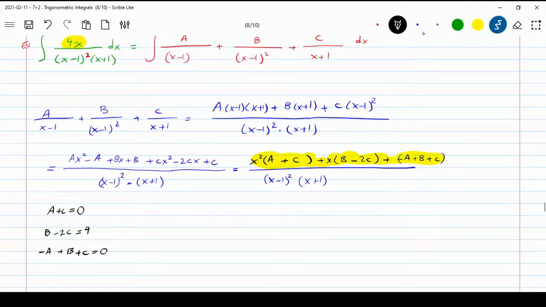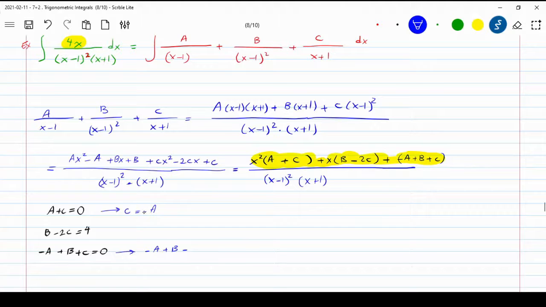Okay. You can reduce these in any way to a form that you want. Normally, what I do is try to figure out one of the variables in terms of the other. So c would be negative a. So instead of c, I would replace negative a.